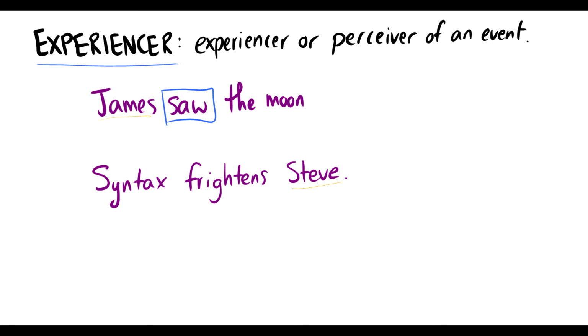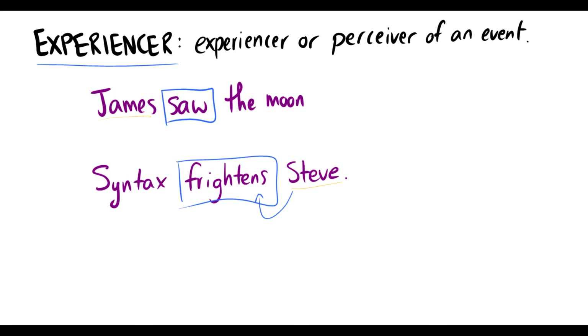So let's do syntax frightens Steve first. So Steve is experiencing the emotion of being frightened. Syntax is frightening Steve, and Steve is experiencing that fear. So you can see the experiencer here, it makes a little bit more sense. Now when James saw the moon, the moon is an object in the sky that exists, and James is experiencing the moon through his perception.